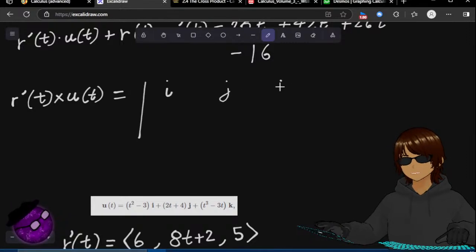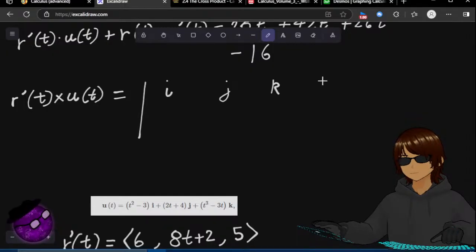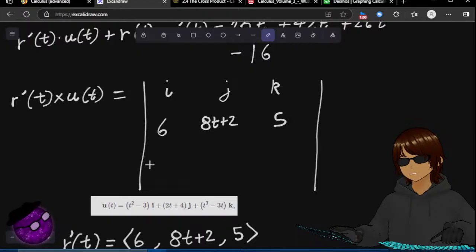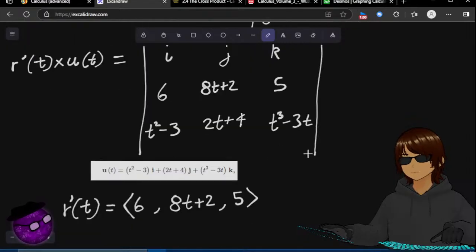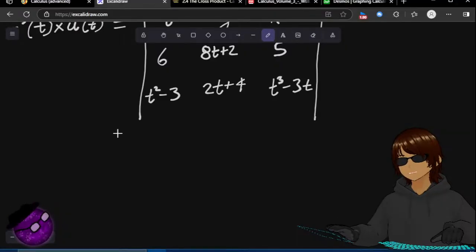I, J, K. Six, six, 8t plus 2, 5, t square minus 3, 2t plus 4, t cubed minus 3t. 6, 8t plus 2, 5. Yeah, now let's remove all this.